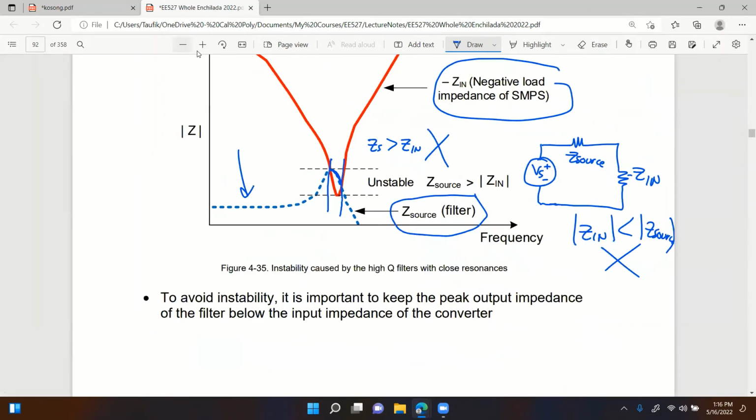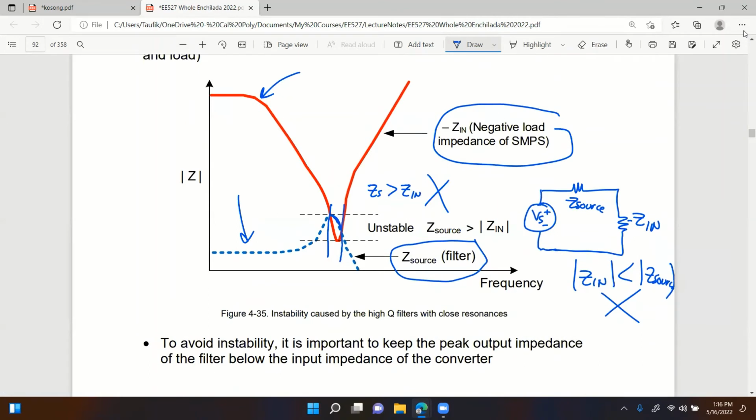Make sense? So therefore, as soon as you add the filter, meaning you're affecting the Z source by adding the filter, make sure that the frequency response of the input filter does not overlap with the frequency response of the input impedance of the power supply, right?